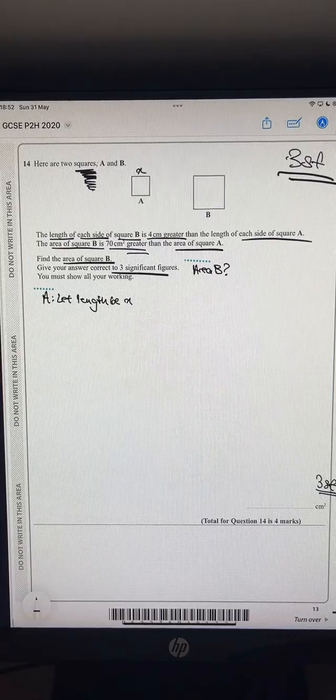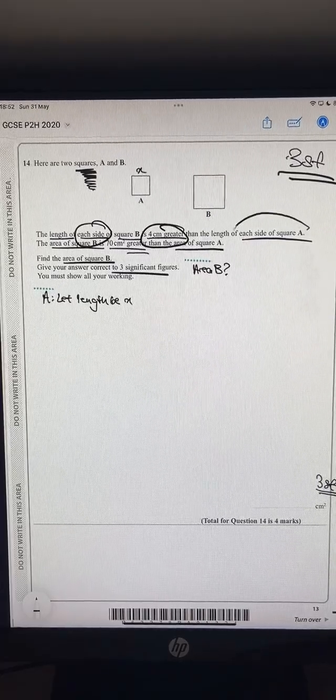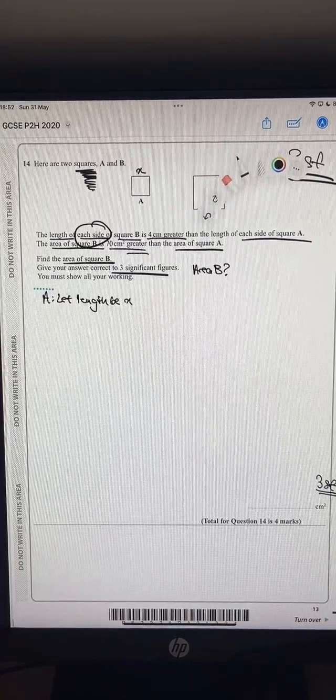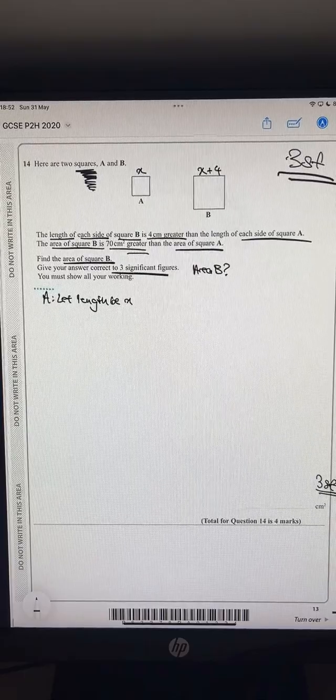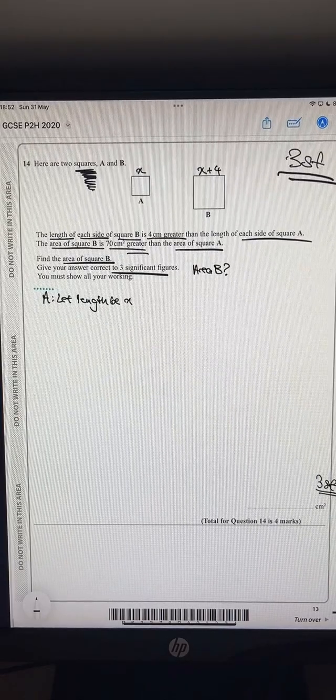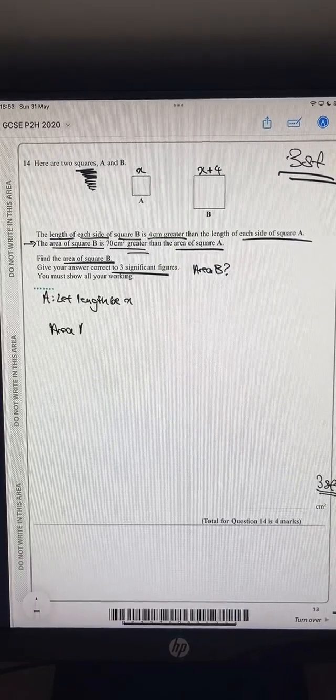They tell me the length of each side of B is 4 centimeters greater than the length of each side of A. So if I know that the length of one side of A is x, the length of one side of B is going to be x plus 4. And because it's a square, all the side lengths are going to be the same. That's why this question is possible. Then they give me another fact about the areas. The area of B is 70 centimeters greater than the area of square A. So area of A is going to be equal to x squared.